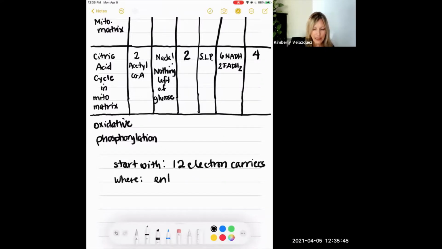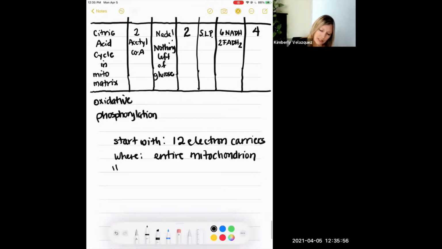I'm going to say the entire mitochondrion is really being used. Everything except the outer membrane is being used. Number of ATP made is going to be on average 32 ATP.